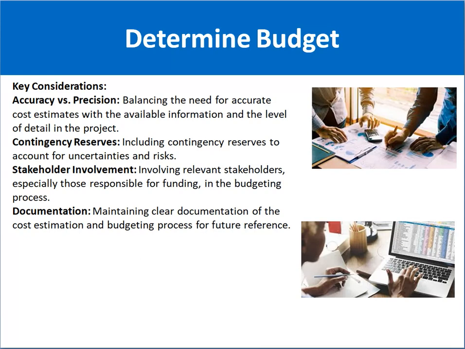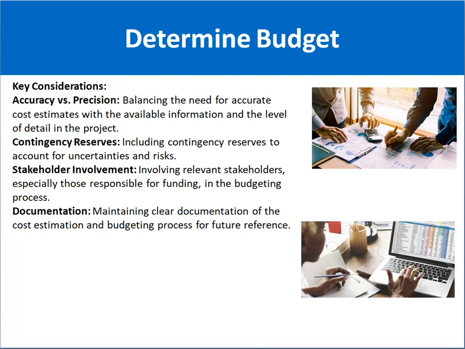Also, we have to involve different stakeholders in the budgeting process, like for example the finance manager. There are different stakeholders who have responsibility related to funding. We should also maintain clear documentation of the cost estimation and budgeting process for future reference, if it is necessary.